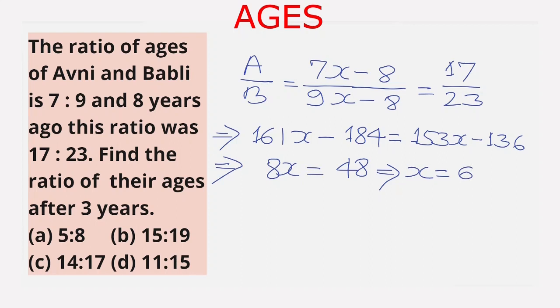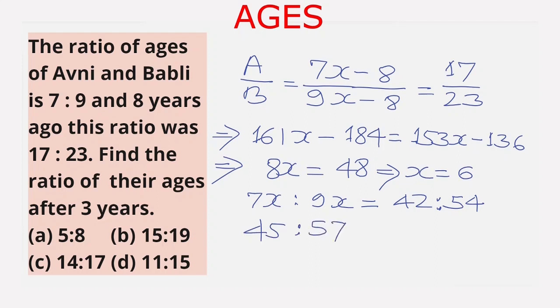Therefore the present age is 7x for A and 9x for B. 7x ratio 9x is equal to 7 times 6 is 42, ratio 9 times 6 is 54. After 3 years, this ratio will be 42 plus 3 is 45, ratio 54 plus 3 is 57.